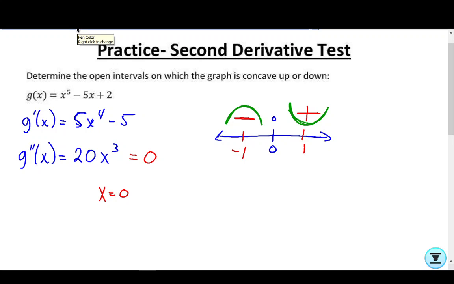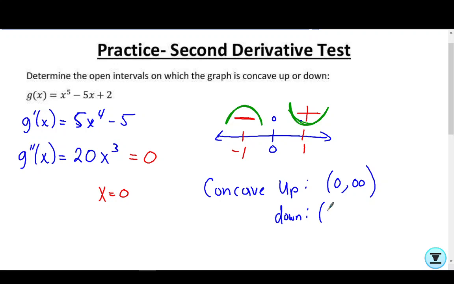My open intervals: it is concave up when x is bigger than 0. It is concave down when x is less than 0.